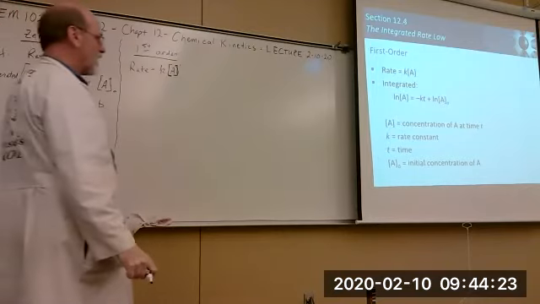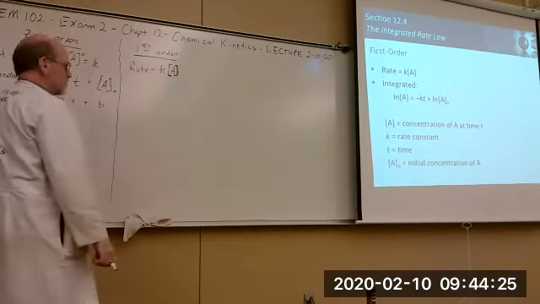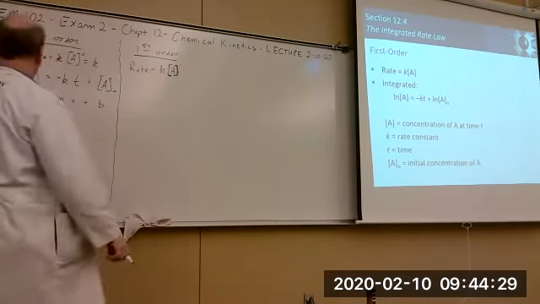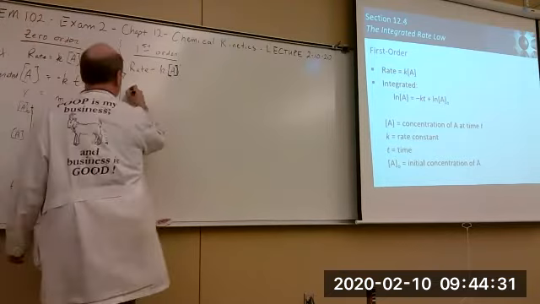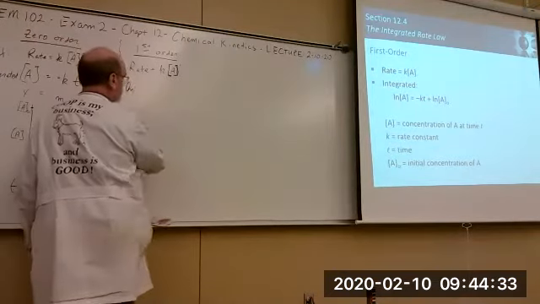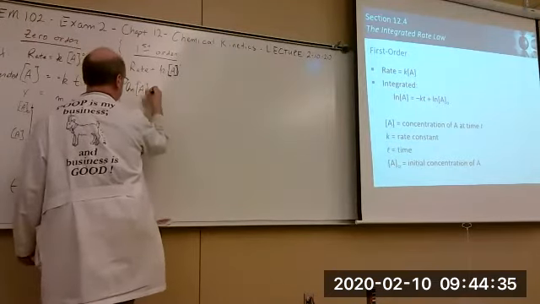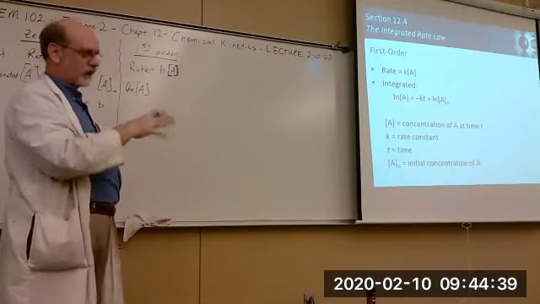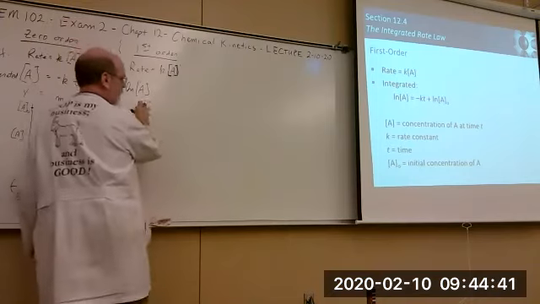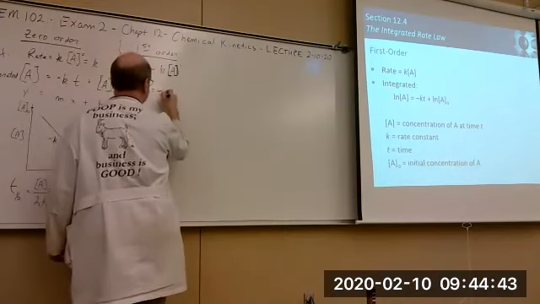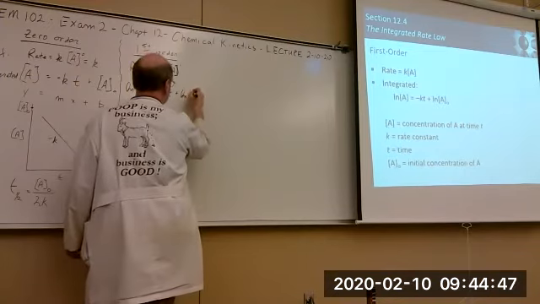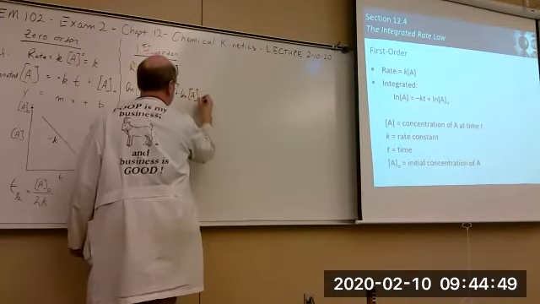And the integrated rate law here requires that you do a transformation to get a straight line. So the integrated version here is going to be the natural log of A, not the common log, but the ln on your calculator. The natural log of A is equal to minus kt plus the natural log of the initial concentration.